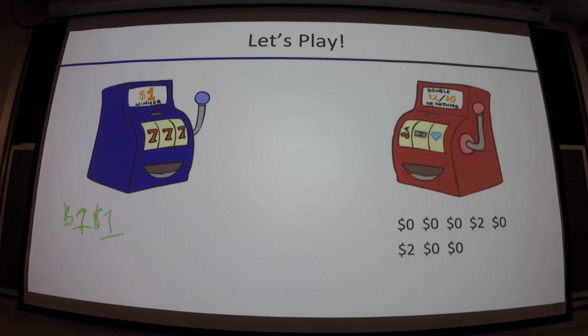And so, once you switch in your head that I'm going to start pulling the blue slot machine, you don't really have a reason anymore to pull the red one. Because the reason to pull the red one is either to say, I believe it's going to give me more money than the blue one will, or to say, I don't know enough about its behavior that I'm going to spend one of my choices in order to learn more about how the red slot machine behaves.